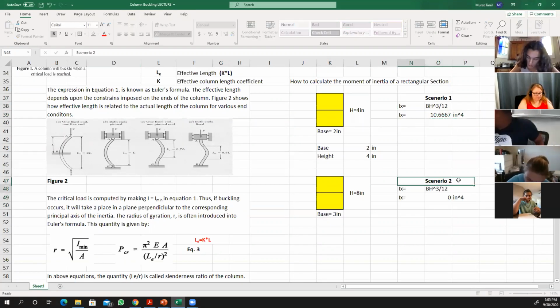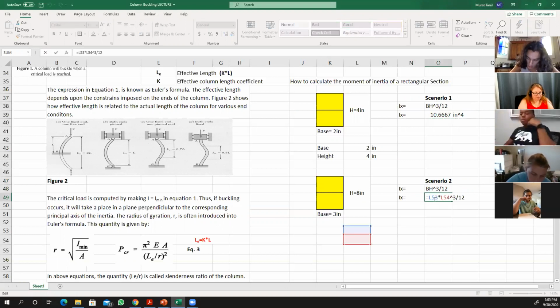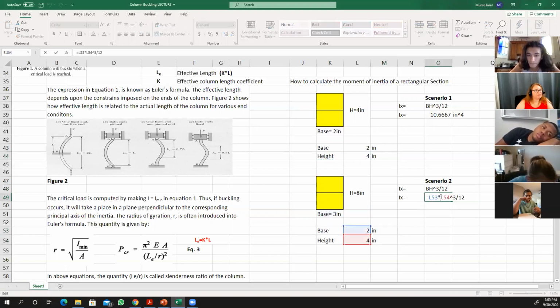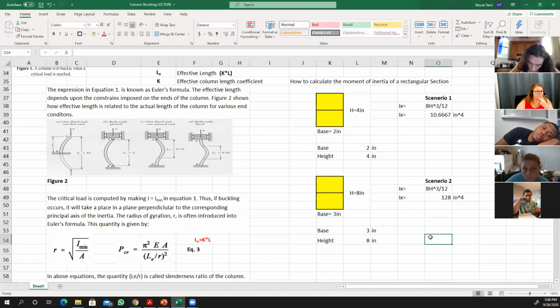This is your scenario 2. My base is 3 inch. Perfect. 3 and 8. So 128 inch to the 4 versus 10 inch to the 4.